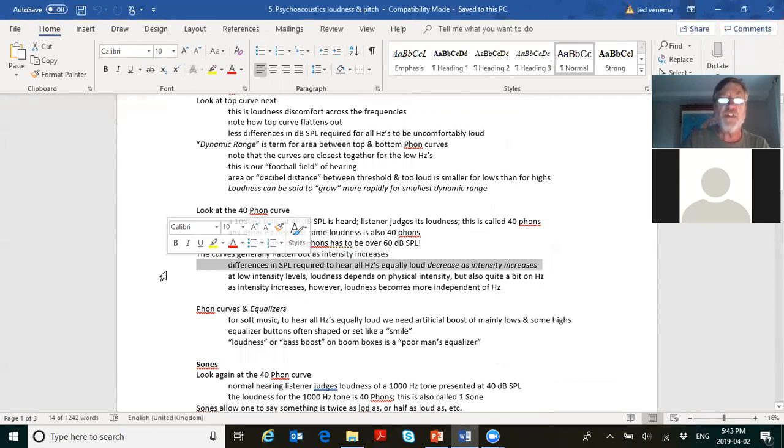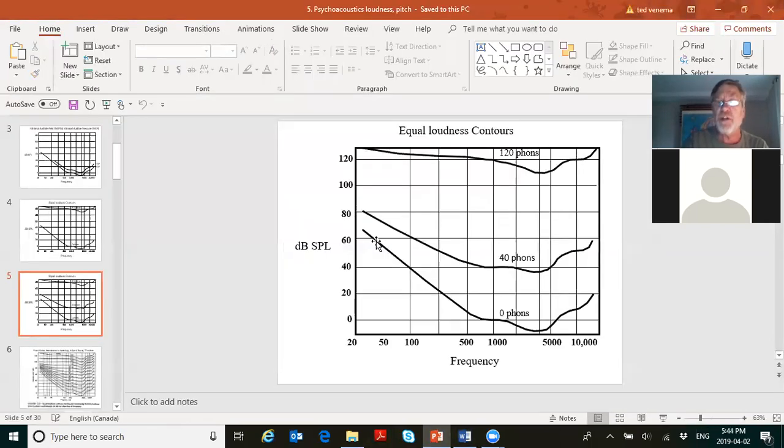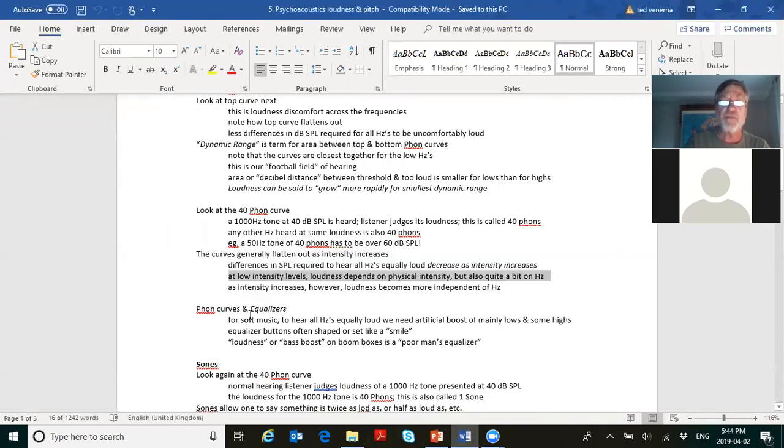At low intensity levels, loudness depends on the intensity, of course, but a lot on the different frequency. At intense levels, the different frequencies don't make much difference. When they're all around 120, they all sound equally loud. Okay? That's essentially the gist of it.